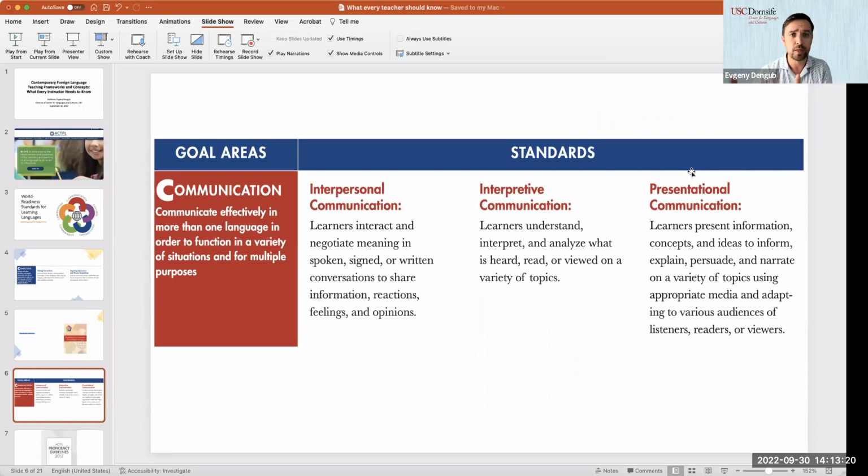What are my students doing in this activity, in that activity, in that activity? Are all my communicative activities of the same type? Or do I have enough variety, a good mix of presentational and, say, interpersonal?